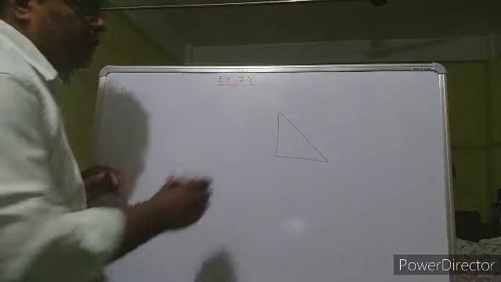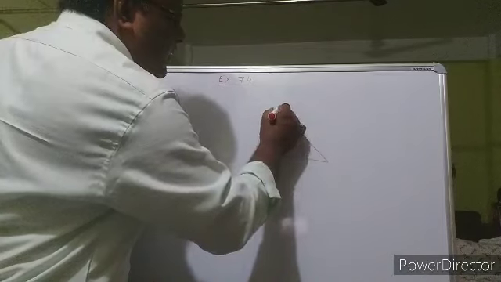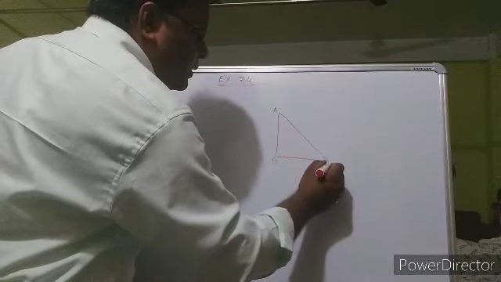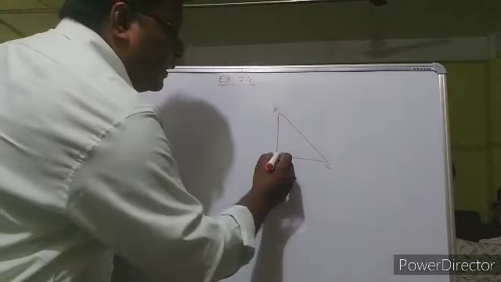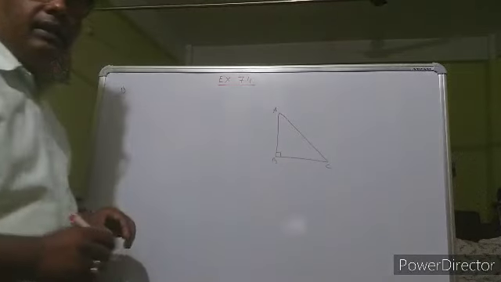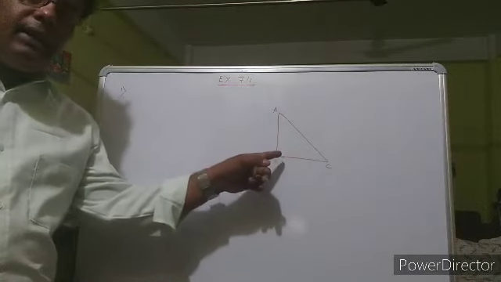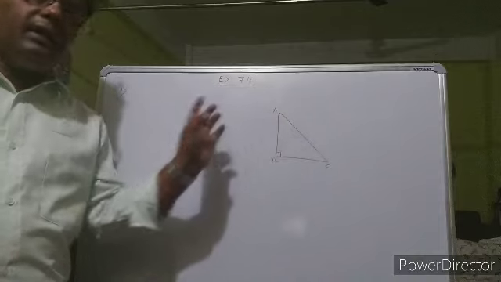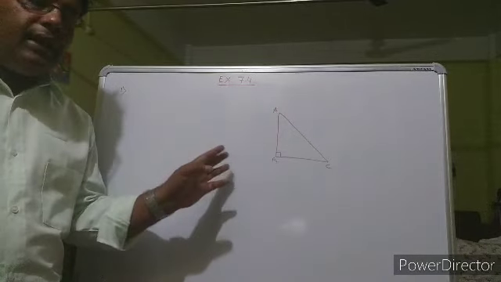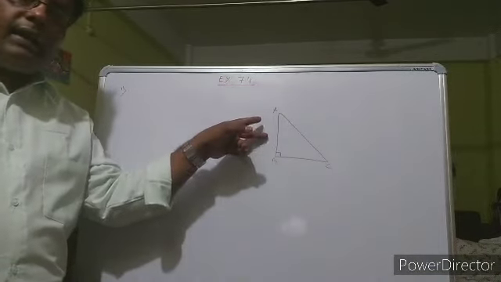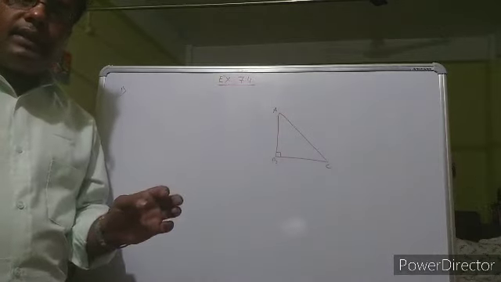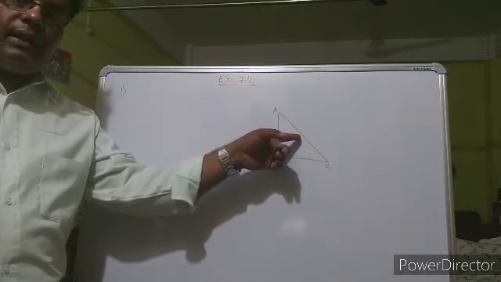Suppose this triangle is ABC, and here angle B is 90 degrees. If angle B is 90 degrees, then its hypotenuse will be AC. Now we have to show that AC is greater than AB and BC, that is, this is the longest side.